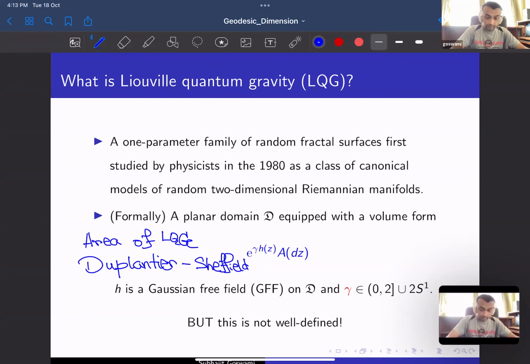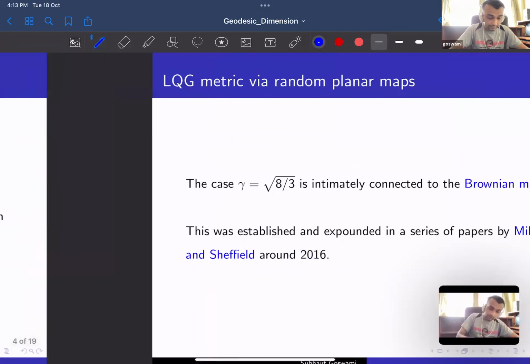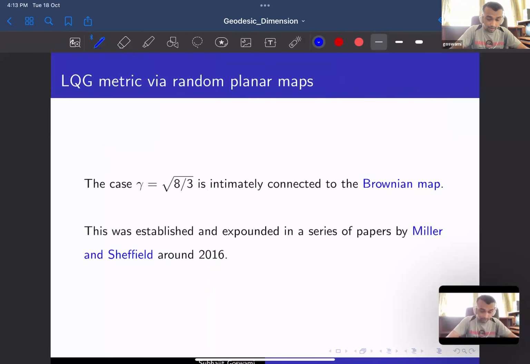And then from the metric side, the first breakthrough came through the work of Jason Miller and Scott Sheffield through a series of breakthrough papers, but exploiting a different connection. They made sense of it as a metric measure space, but exploiting a different connection. This comes from scaling limits of random planar maps.